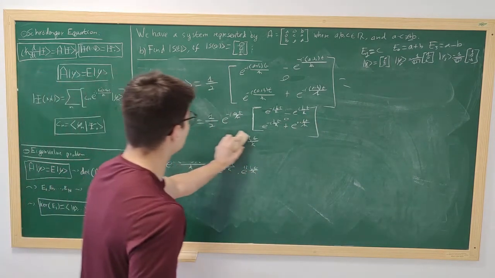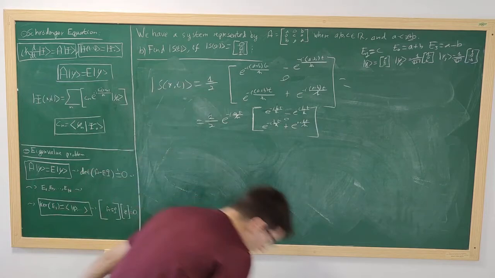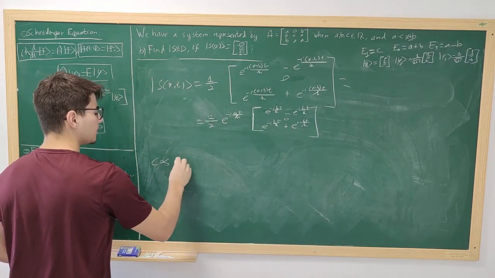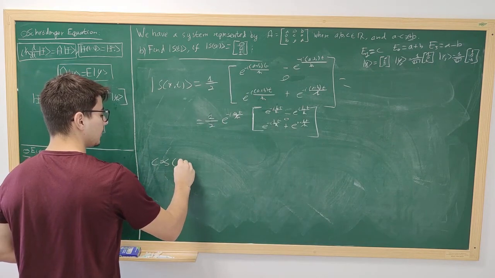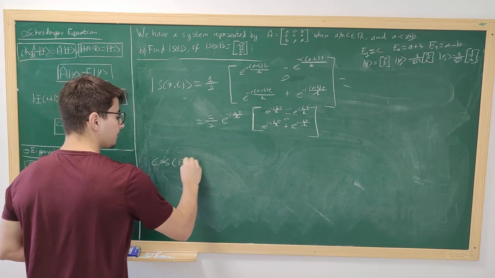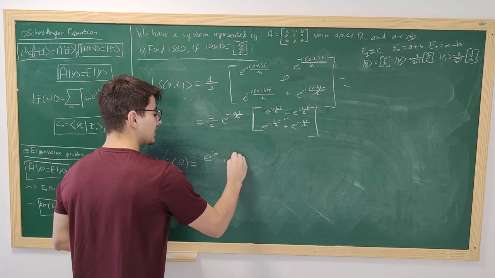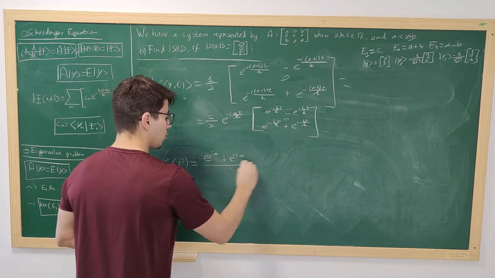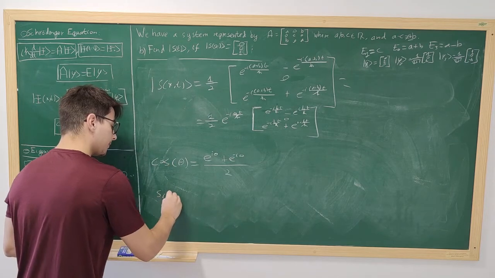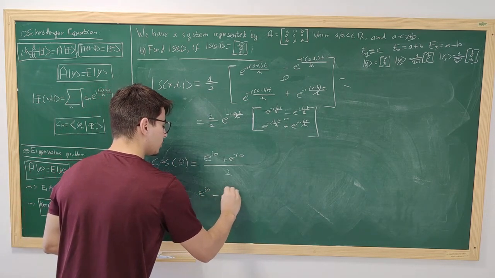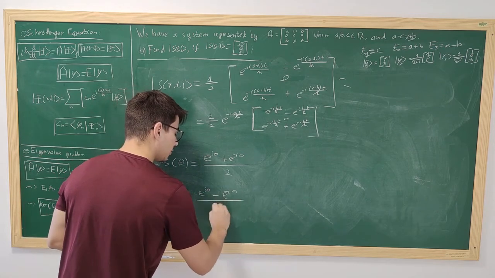So let me just erase this. And we know that the cosine of theta is just e to the i theta plus e to the minus i theta over 2, and that the sine of theta is just e to the i theta minus e to the minus i theta over 2i.